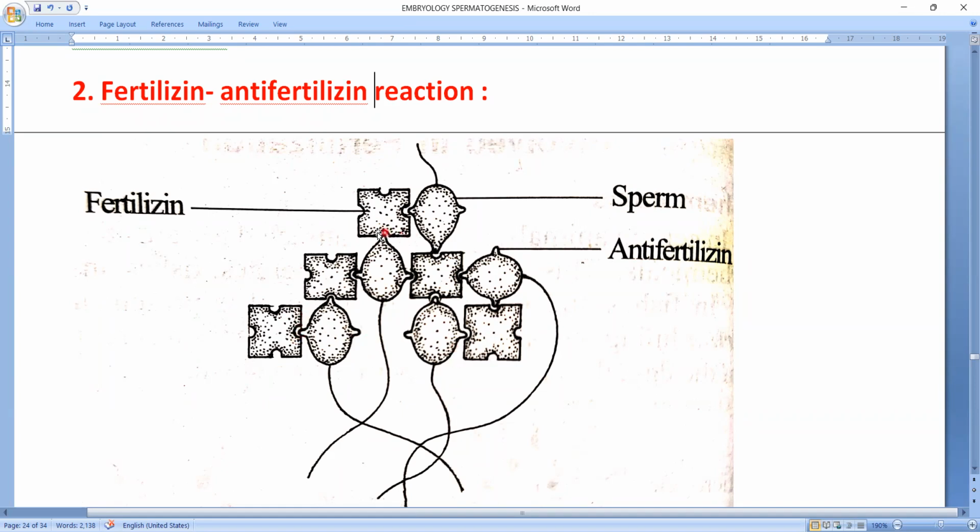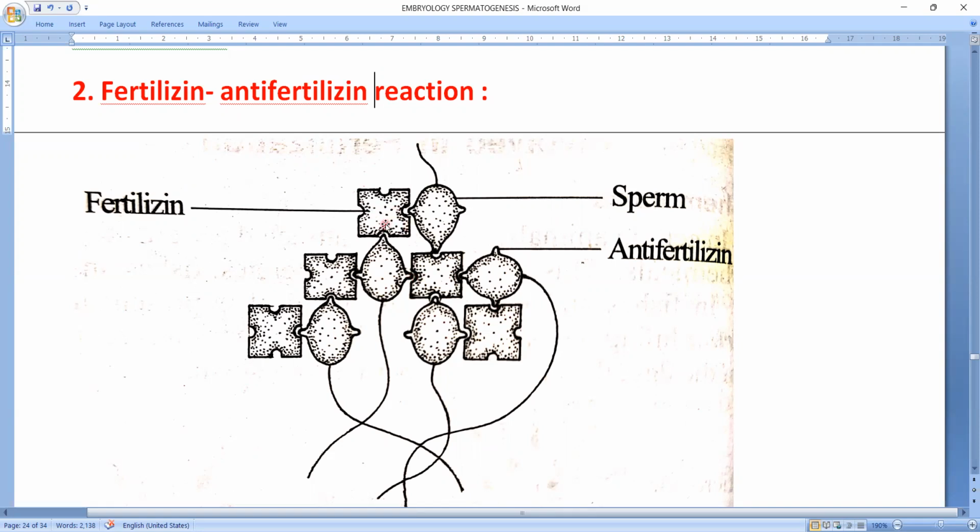Okay, so these are fertilizing molecules released by the egg, which contain some receptor-like structures to which the anti-fertilizing proteins of the sperm are complementary. Okay, so this is a glycoprotein.